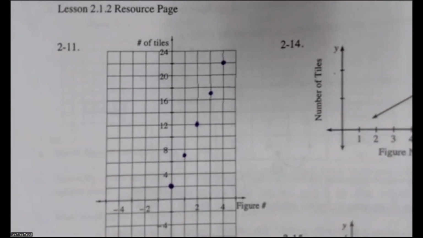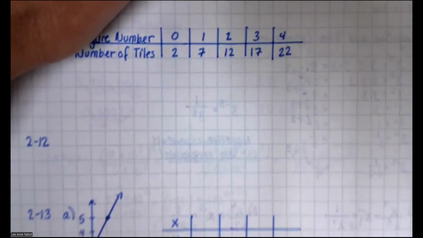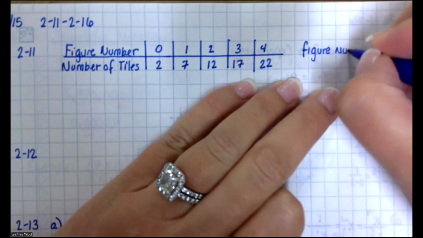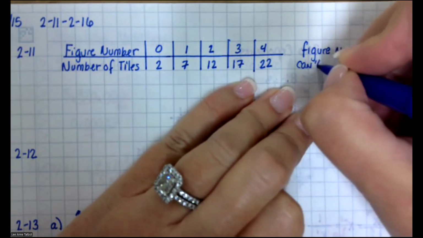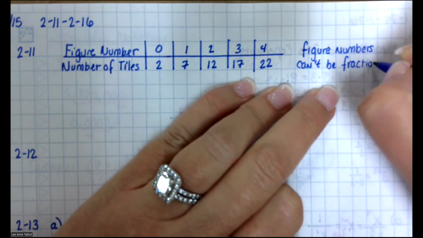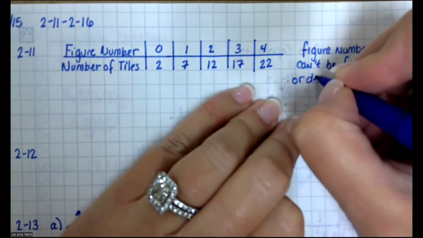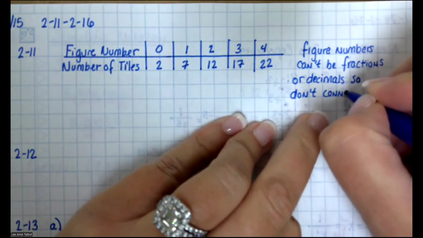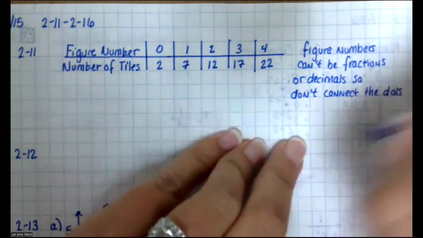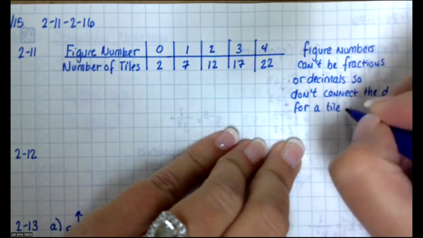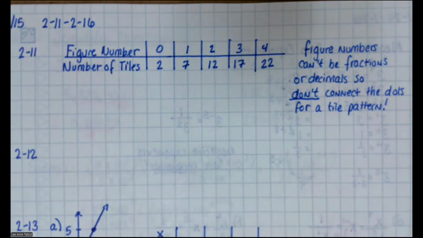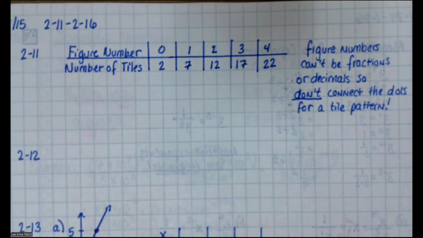Okay, so once you get your dots, scooch back over here. Figure numbers can't be fractions or decimals, so don't connect the dots for a tile pattern.